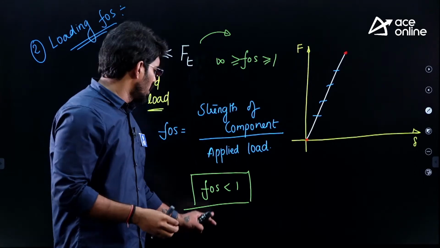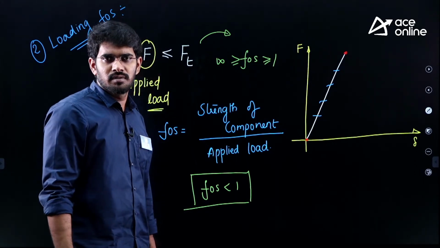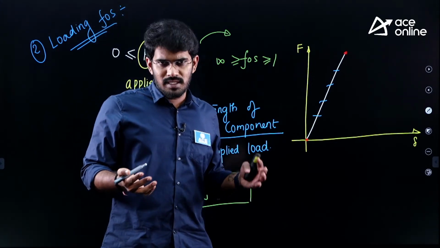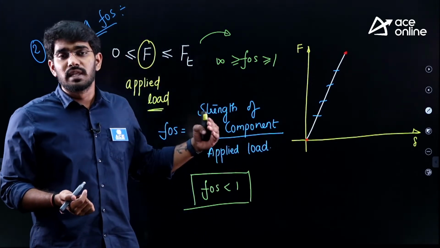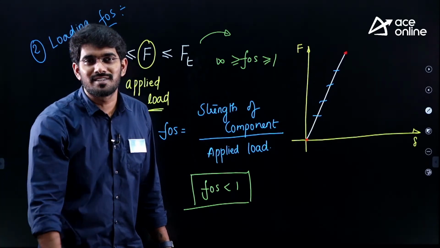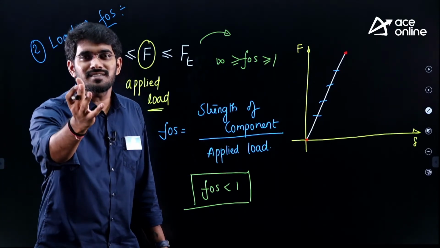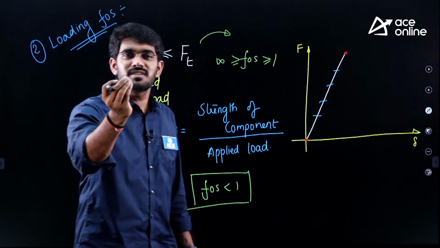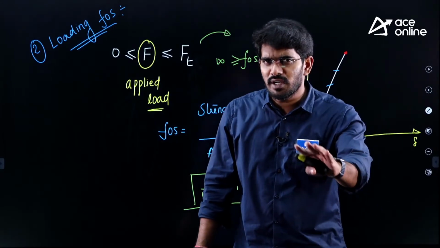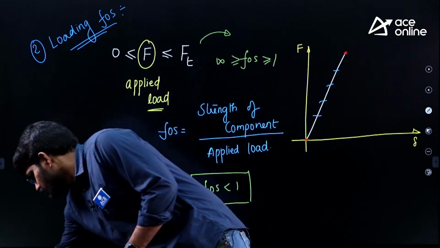That is the meaning of factor of safety less than 1. This is possible under loading condition. If you are loading, yes, the factor of safety may go less than 1. See how beautiful the concept is. If you understand this concept, each and every topic will be beautiful.